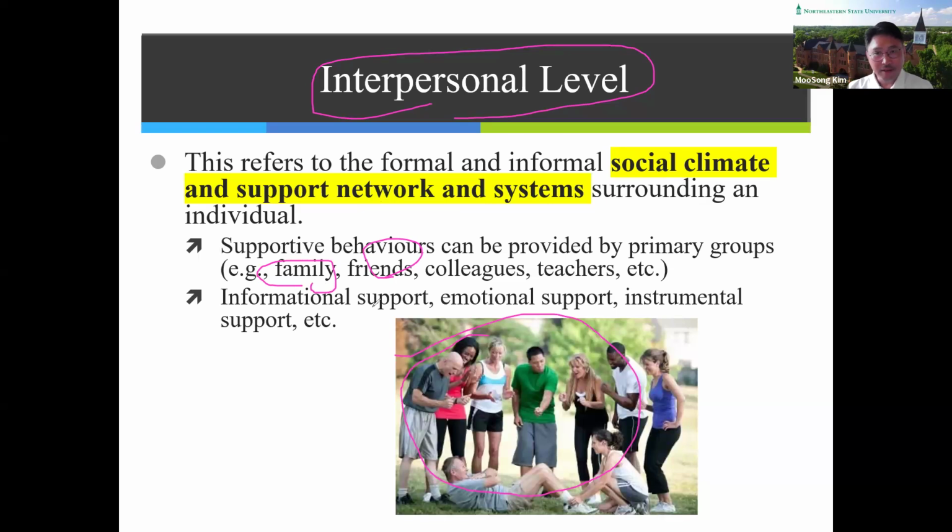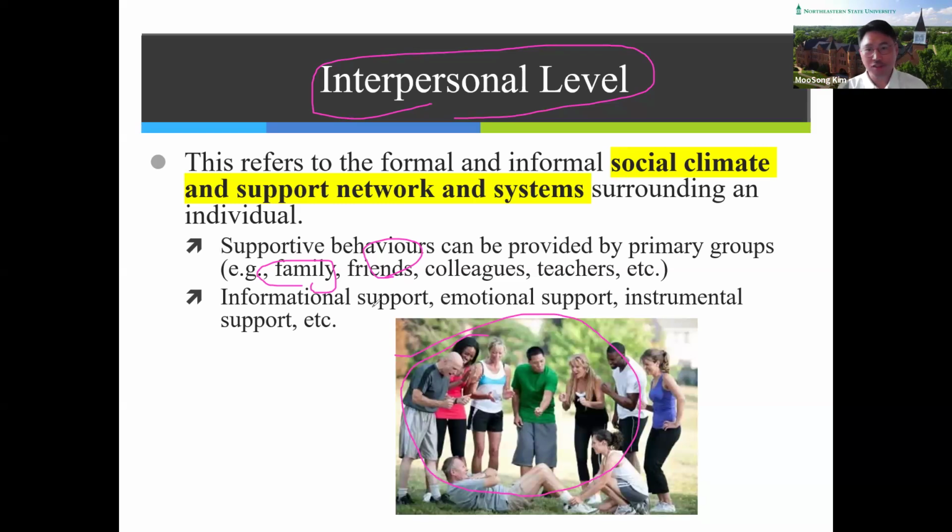Definitely family members support the individual's health behavior. For example, parents support children's health behavior by providing many health resources.